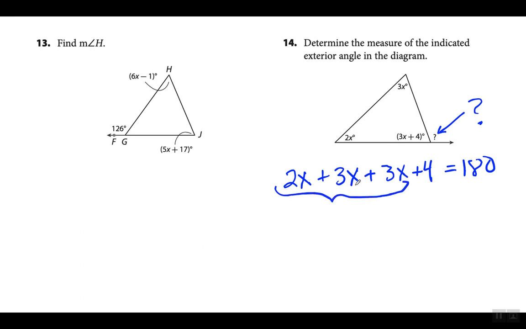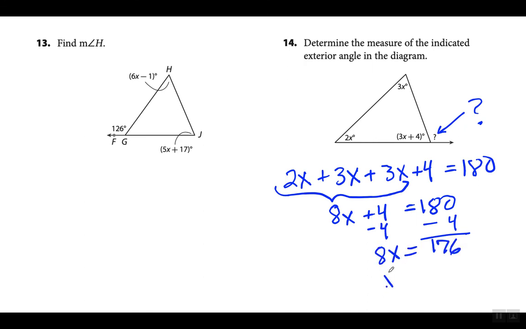Combinen los términos iguales. 5x plus 3x is 8x plus 4 equals 180. Now subtract 4 from both sides, and you're going to get 176. So 8x equals 176. Now do 176 divided by 8. So x is going to equal 22. X is 22. All right.